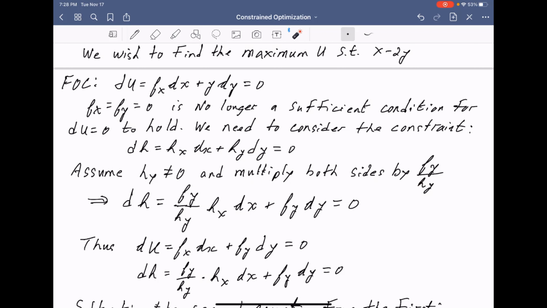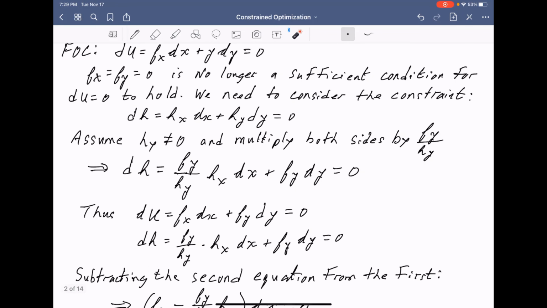And we multiply both sides by the first partial of f with respect to y divided by the first partial of h with respect to y. So it's f sub y divided by h sub y, and we get dh times f sub y over h sub y.